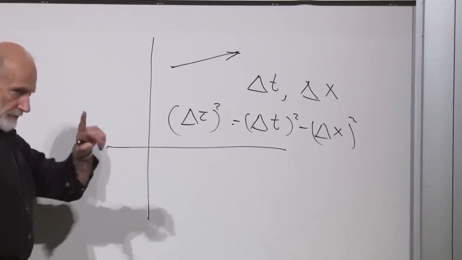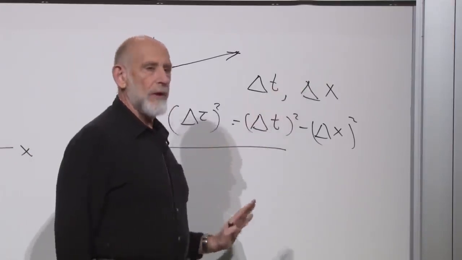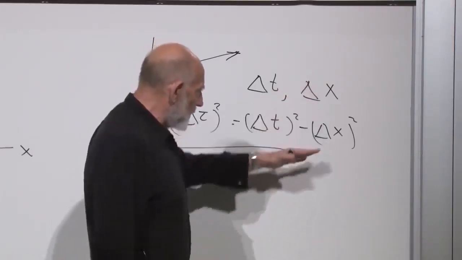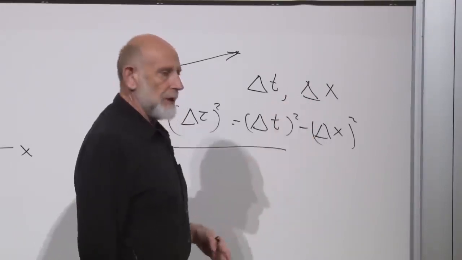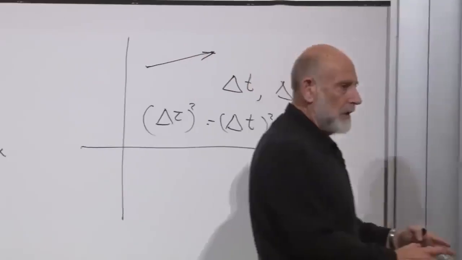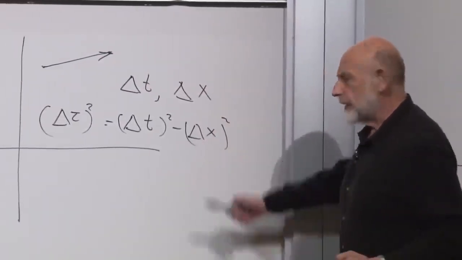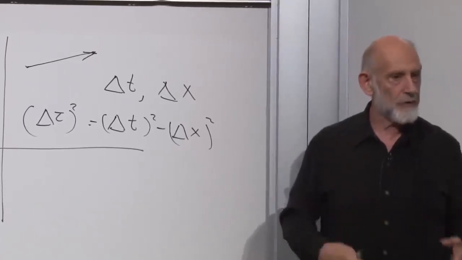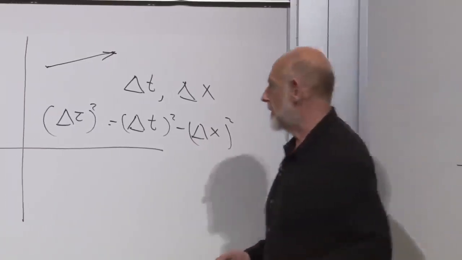Incidentally, I should say right now, when I'm thinking about four-dimensional space-time, three coordinates of space, one coordinate of time, what delta x stands for is the three components of the vector delta x, and delta x squared means the sum of the squares of those three components: delta x squared plus delta y squared plus delta z squared.